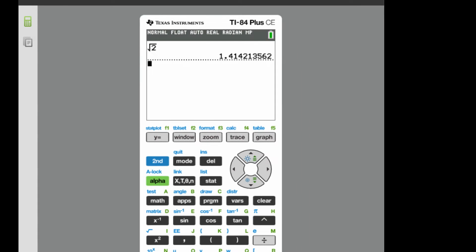So what about rational numbers? What's a rational number? Do you guys know what a rational number is? It's a number that either has a terminating decimal, it stops, or if it has a decimal, there's a pattern to the digits you see.